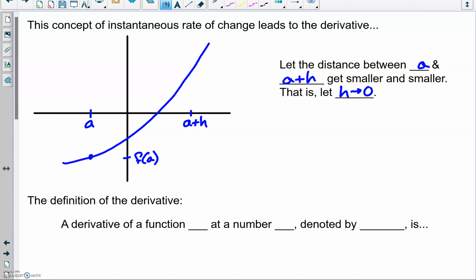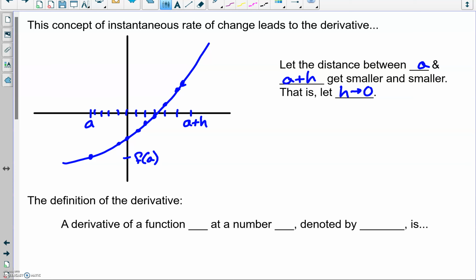So what's going to happen then is at this a plus h location, as h goes to 0, it's going to get closer and closer. And the points on here, starting on the graph, we're going to see these things get closer and closer.